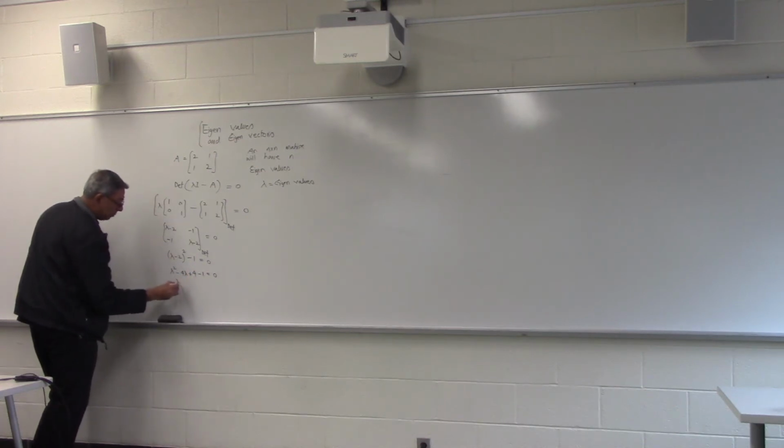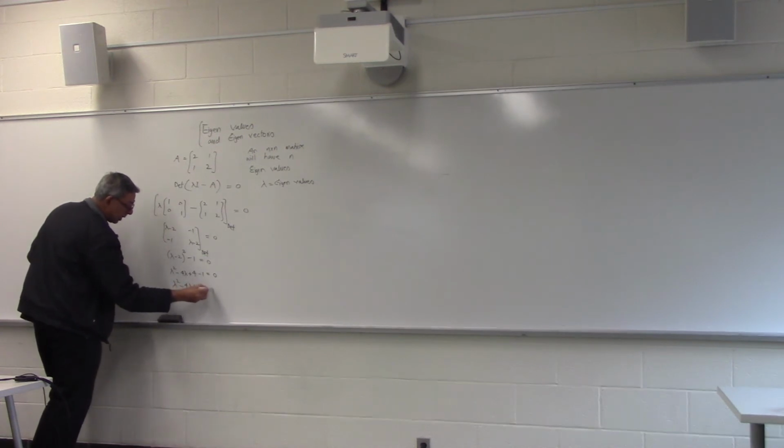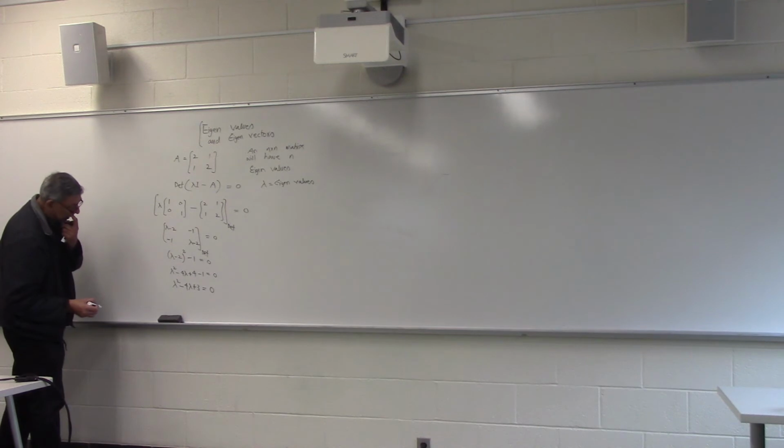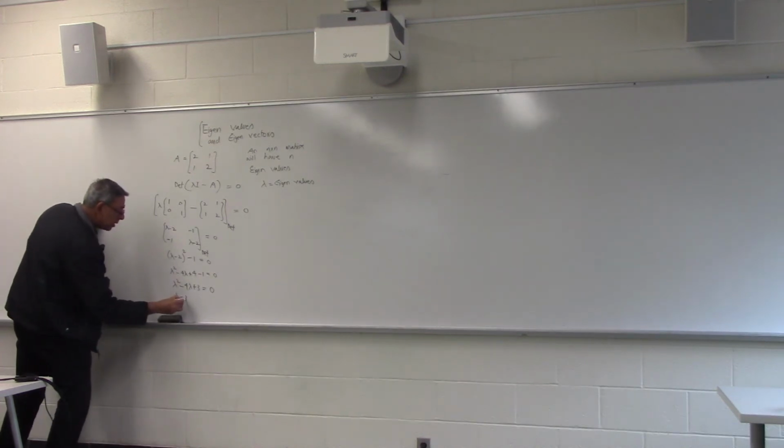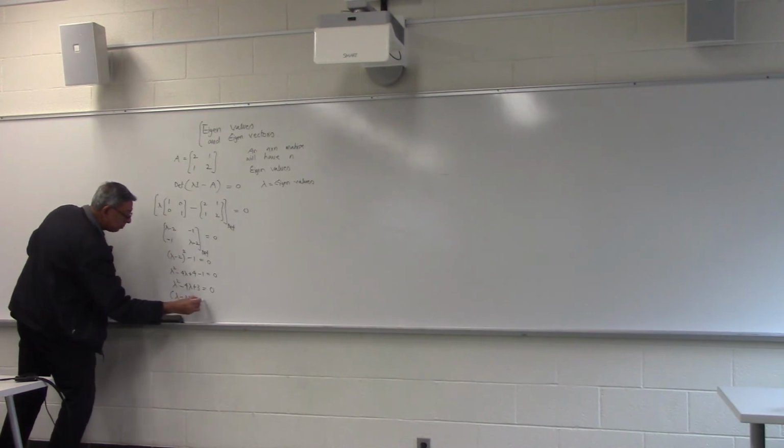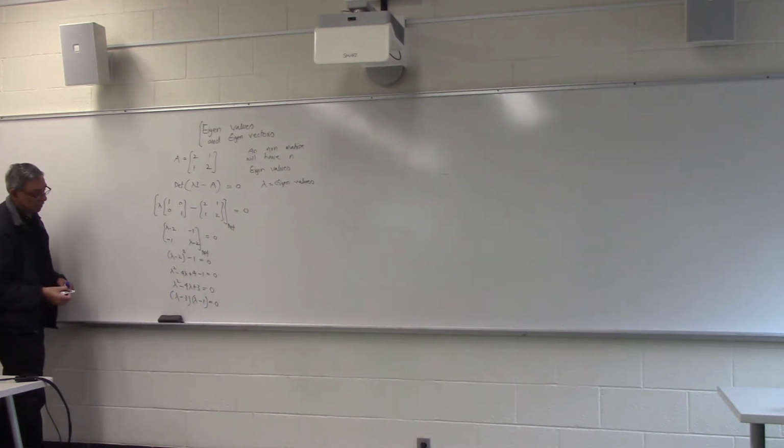So this becomes lambda squared minus 4 lambda plus 3 equal to 0, which is basically lambda minus 3 times lambda minus 1. Correct?